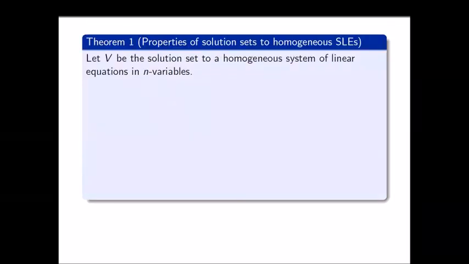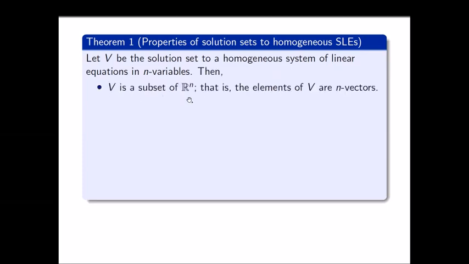Okay, so now we come to our first theorem. So we're going to talk about properties of solution sets to homogeneous systems of linear equations. So let V be a solution set to a homogeneous system of equations in n variables. Then V is a subset of Rn, that is, the elements of V are n-vectors.